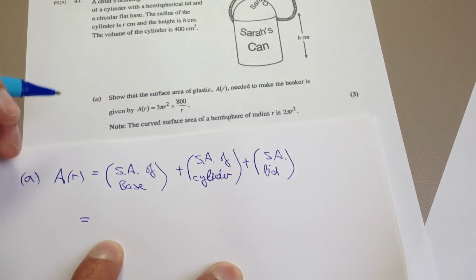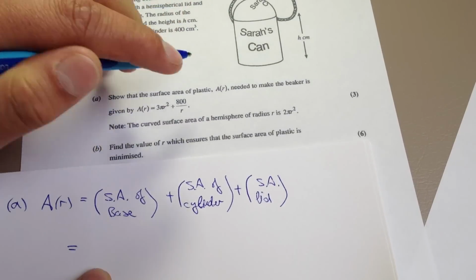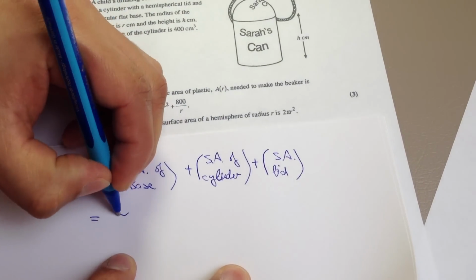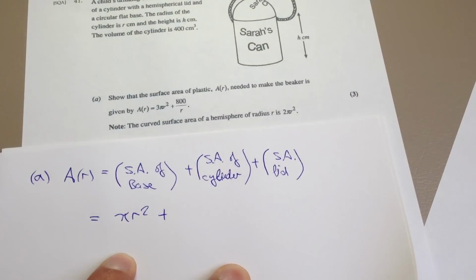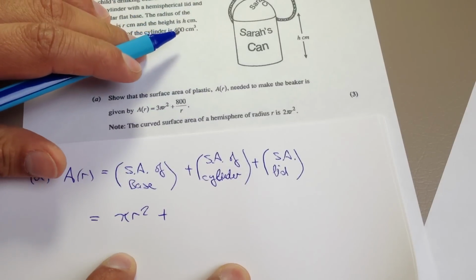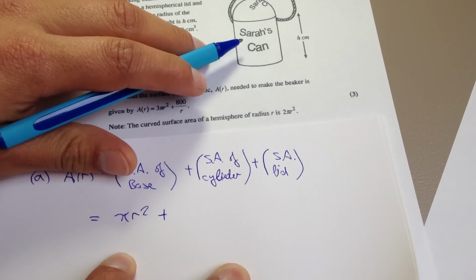So putting those things together, the surface area of the base, well, that's just going to be a circle, isn't it? It's pi r squared plus the surface area of the cylinder. Well, that's going to be effectively 2 pi r h.